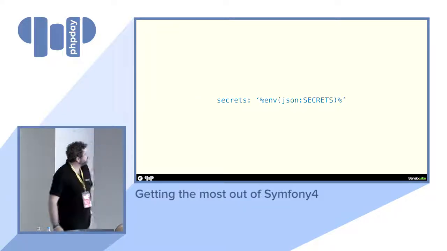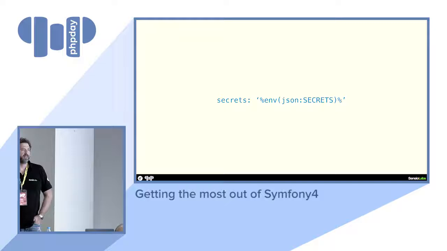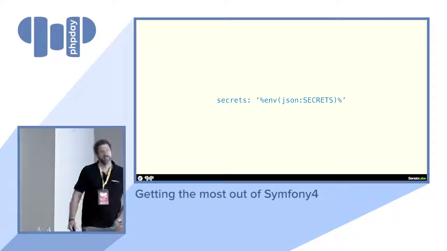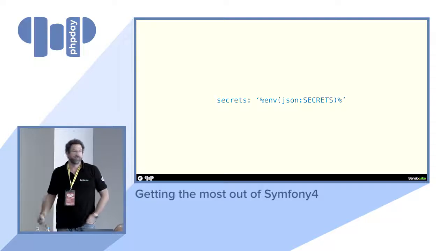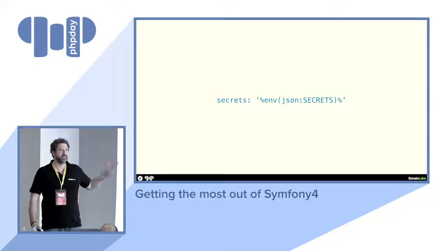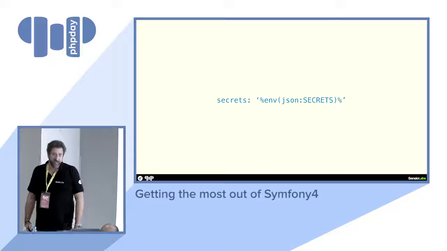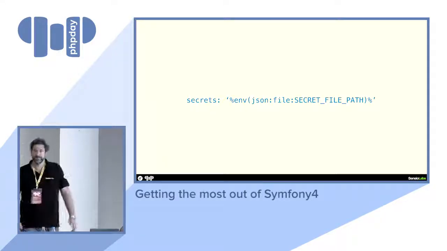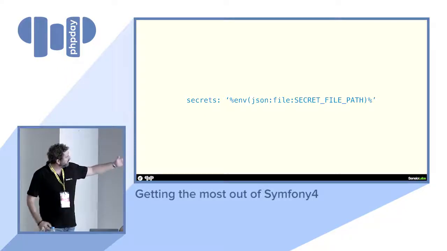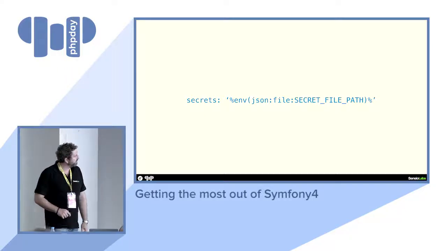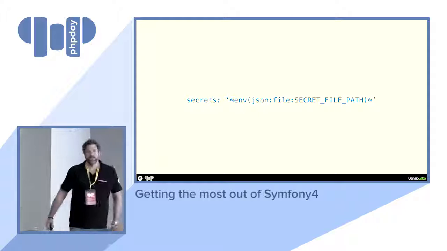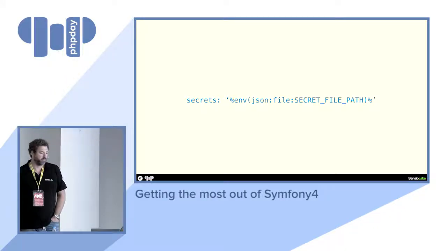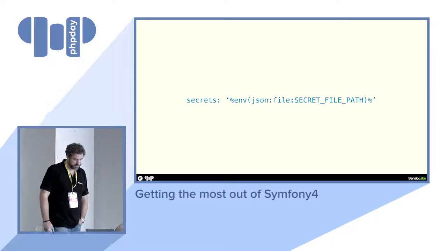Or you can use the JSON modifier to convert JSON that is contained in this variable into an array, associative array or whatever, by running JSON decode on it. You can combine them. So you can load the contents that are in that file and then run it through JSON decode. So you can read multiple variables from this.